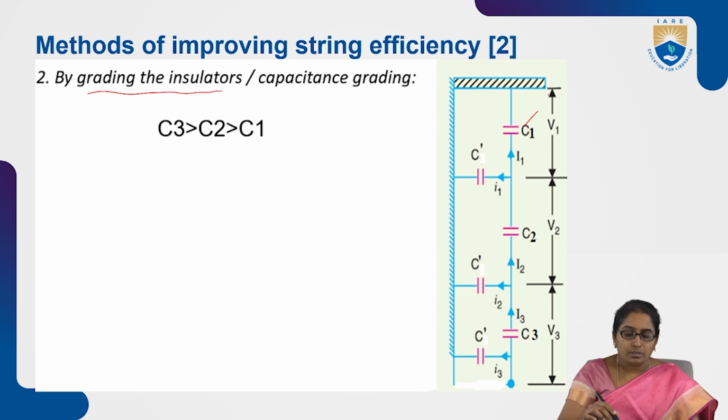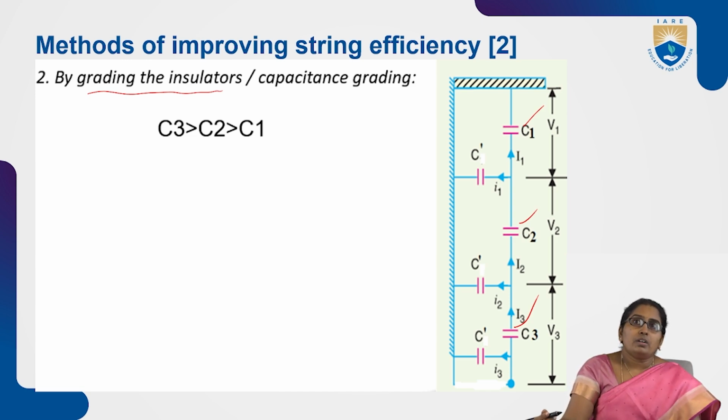They use units of different dimensions, so each unit has a different value of capacitance. That's why it is shown as the top unit having self capacitance C1, next C2, next C3. That is how they have shown.